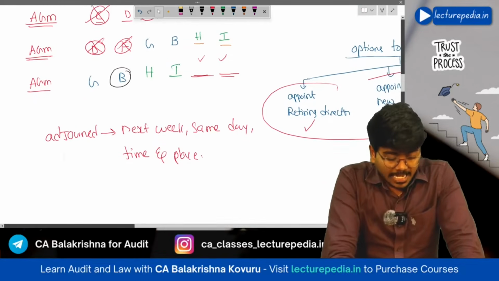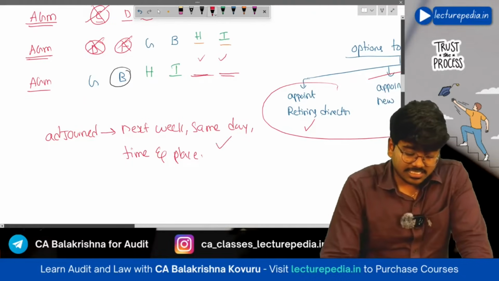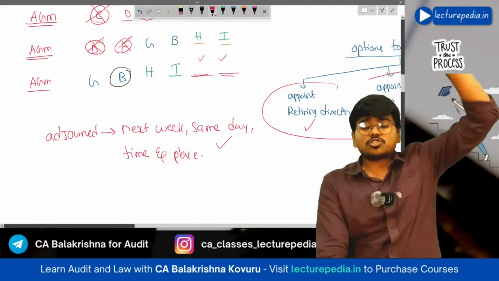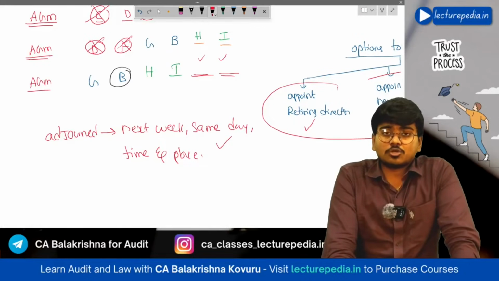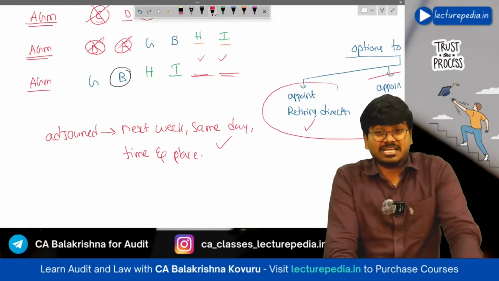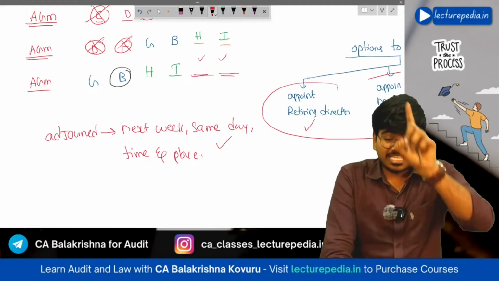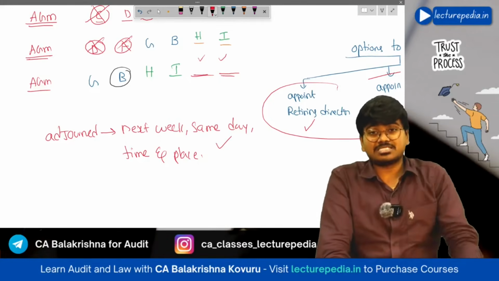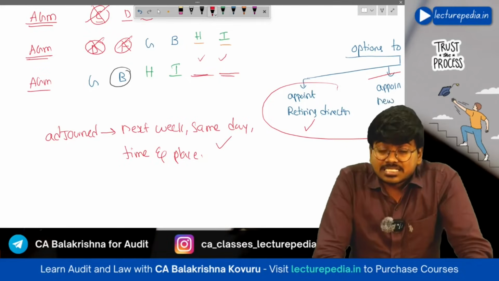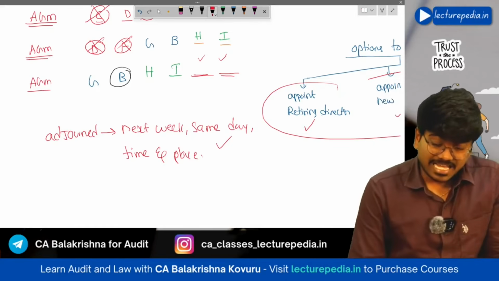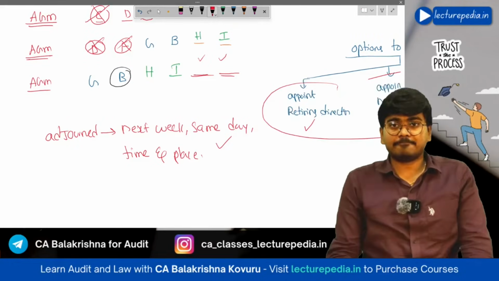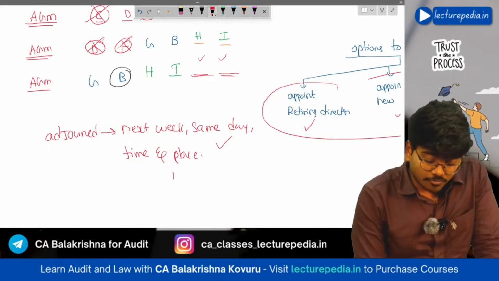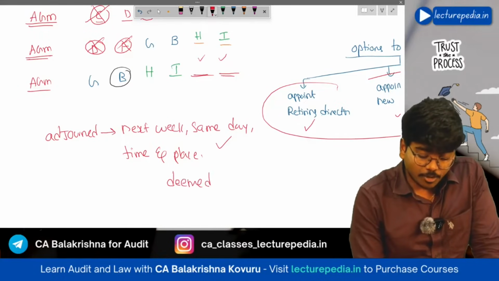And in this adjourned meeting, let's say no decision has been taken whether to fill the vacancy or to keep it as it is. In such a situation, retiring directors will be deemed to be reappointed. Okay, this is the concept of deemed reappointment.